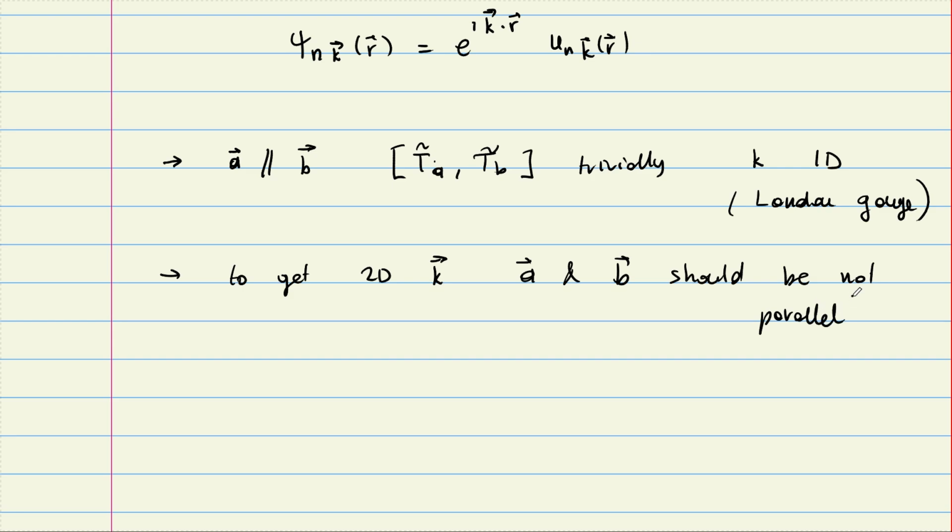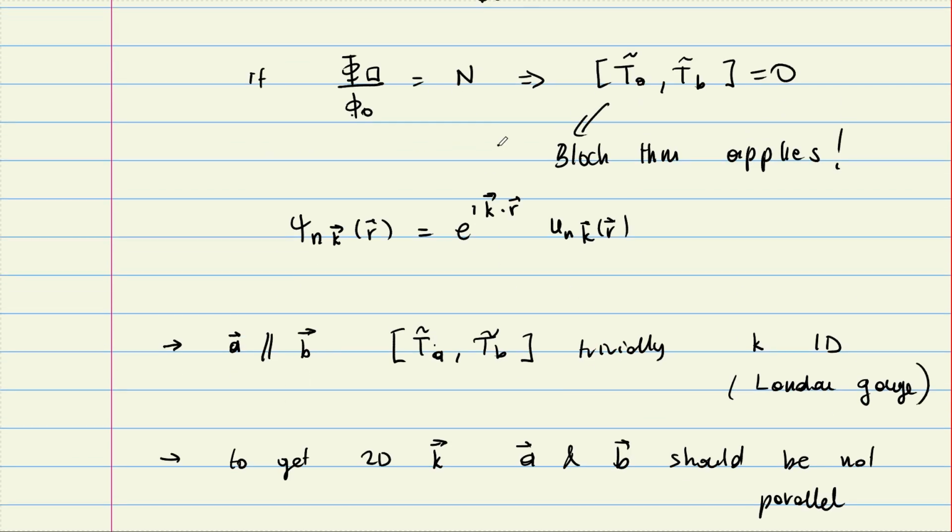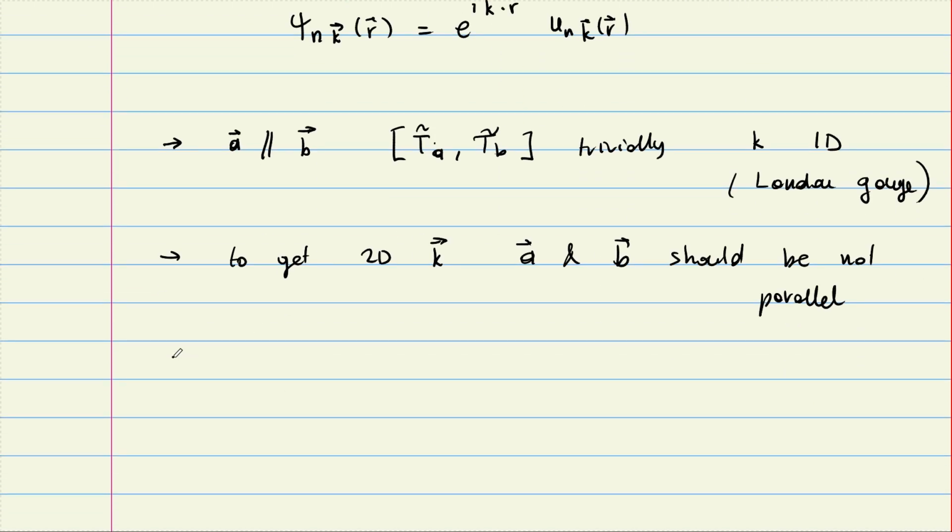I don't know what else to say with that. And the minimum condition here: phi over phi naught, what is the minimum flux you can trap? It's supposed to be an integer, and the minimum integer is just 1, and this is the primitive unit cell.